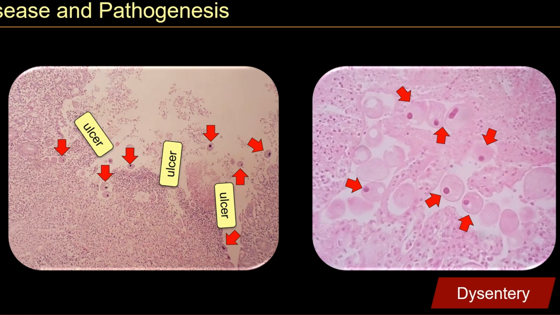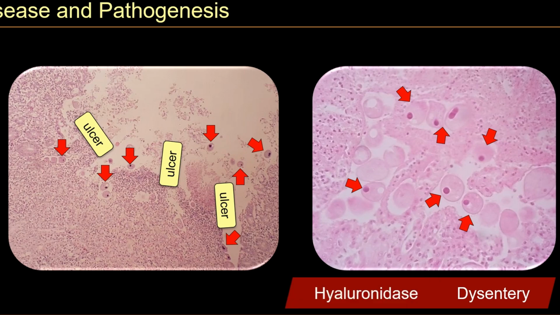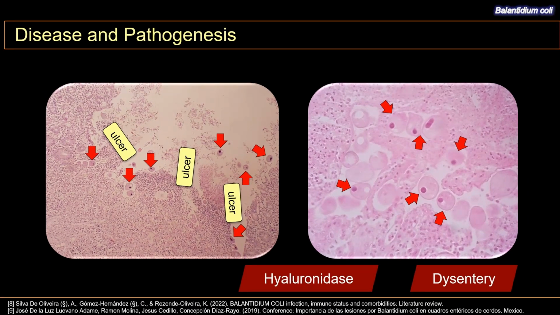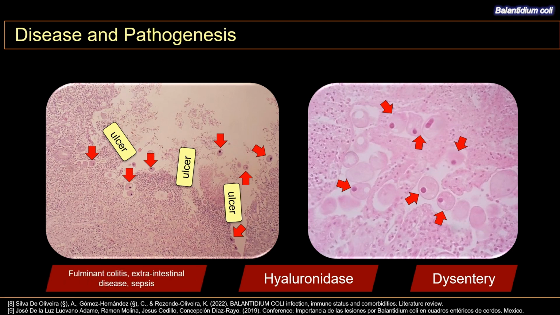Parasite invasion is mainly due to the secretion of hyaluronidase, which degrades the hyaluronic acid of the intestinal mucosa, which is important in maintaining its ultrastructure. These ulcers can cause other complications such as fulminant colitis or even extraintestinal disease, especially in patients with immune problems.